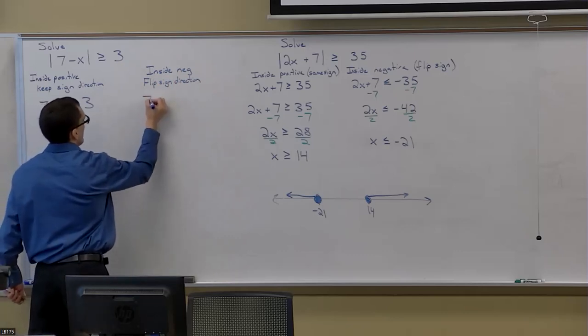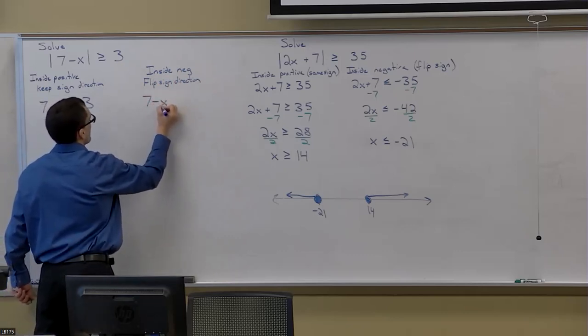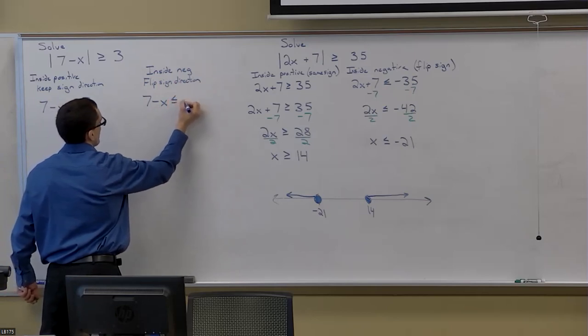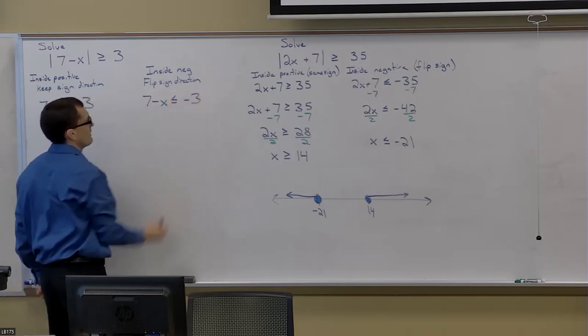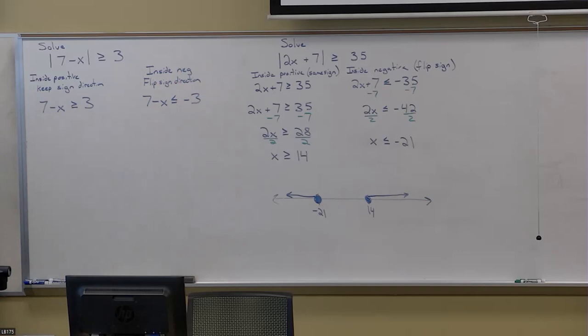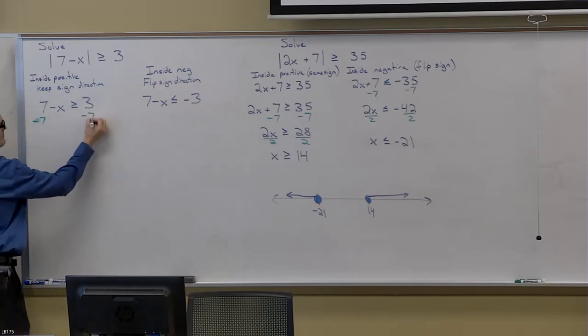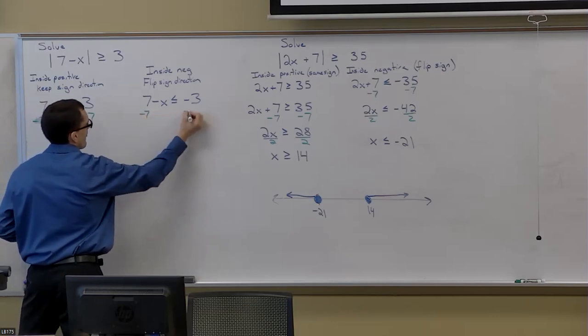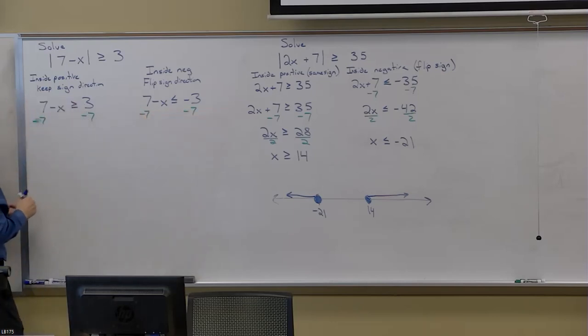So I say 7 minus x is less than or equal to -3. In this case, if I was solving for x, I'd have to subtract 7 from both sides in both cases.